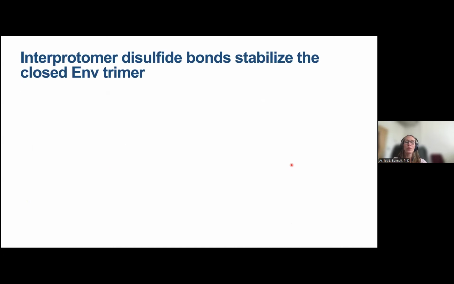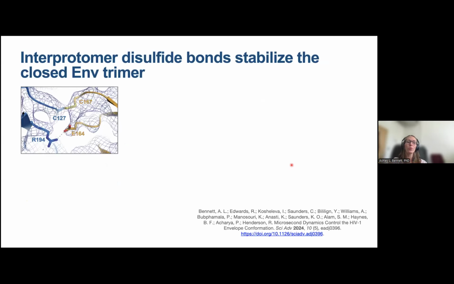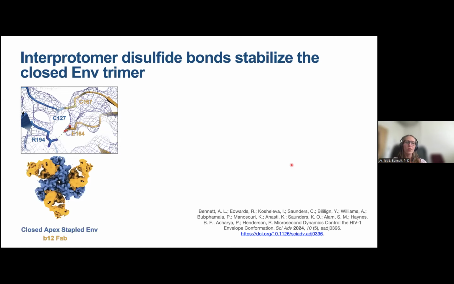As I said, we engineered a disulfide staple between the adjacent GP120s, and from this cryo-EM structure, you can see that we were able to successfully introduce that disulfide into the envelope. We did some binding studies and found something quite interesting and shocking: this staple design was actually able to bind an antibody called B12.